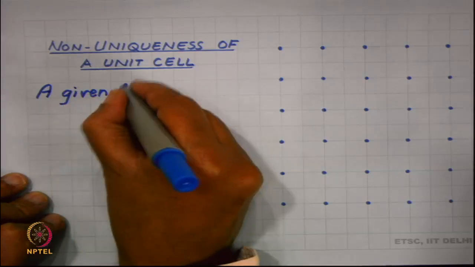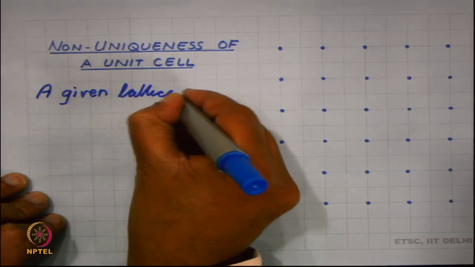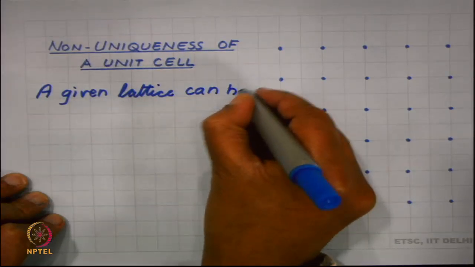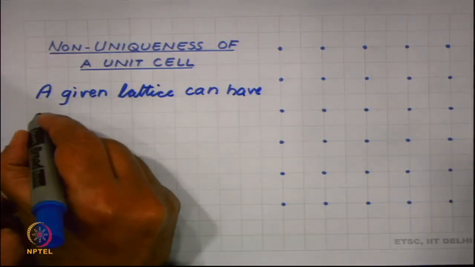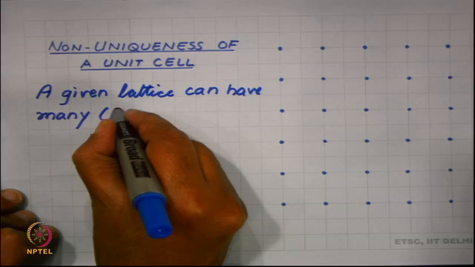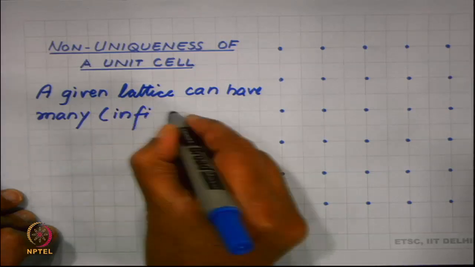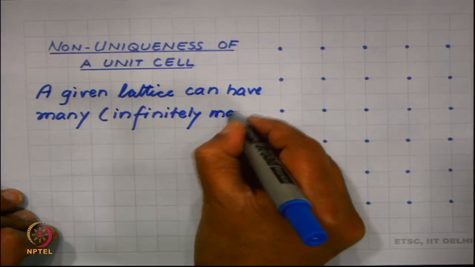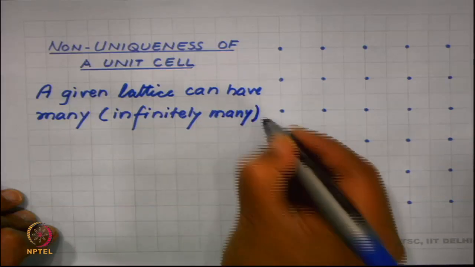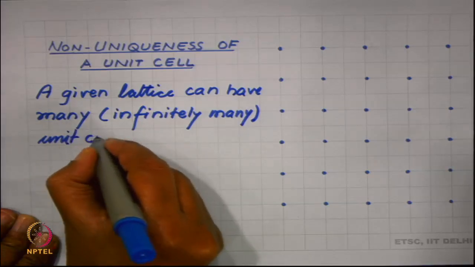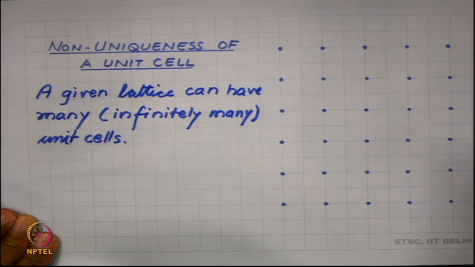A given lattice can have many, in fact infinitely many, unit cells.